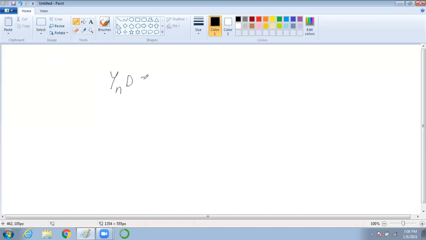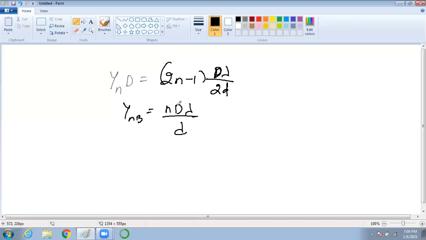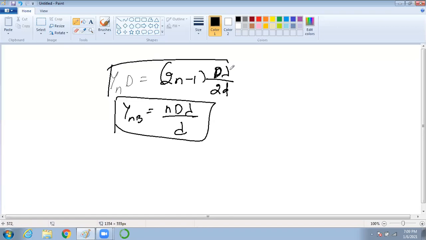Y_nD is for the dark fringe: (2n minus 1) by 2, lambda D by d, that is (2n-1) lambda D by 2d. Yes. And what is Y_nB? Y_nB is n lambda D by d. Yes or no? Yes, sir.